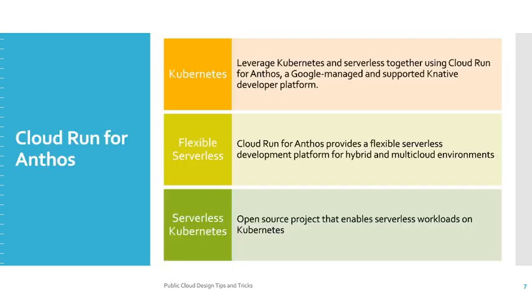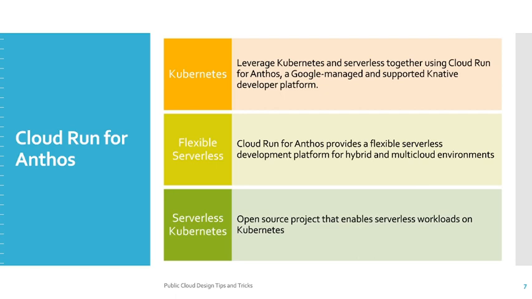When Anthos is integrated with Cloud Run, the first and foremost capability that you get is Kubernetes. That means you can leverage Kubernetes and serverless together using Cloud Run for Anthos. It is also a Google-managed and supported native developer platform. It is a flexible serverless platform. Cloud Run for Anthos provides serverless capabilities for hybrid and multi-cloud environments.